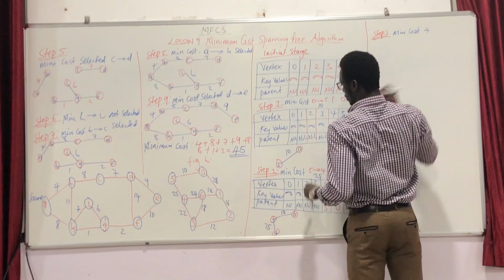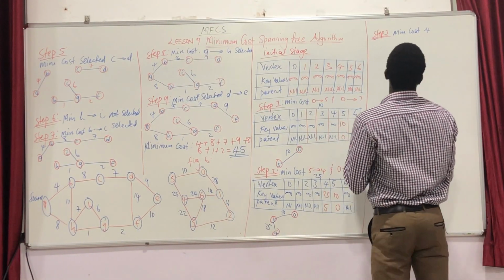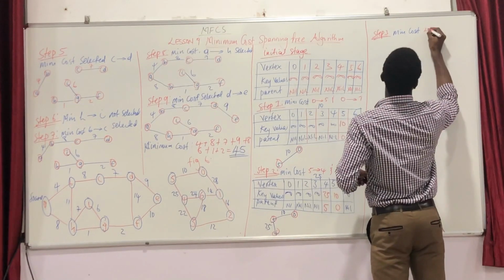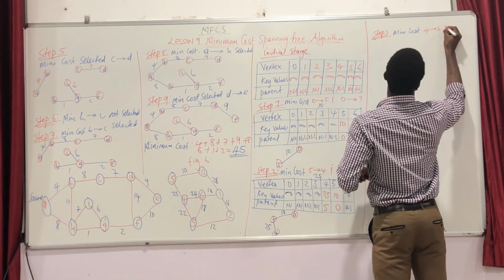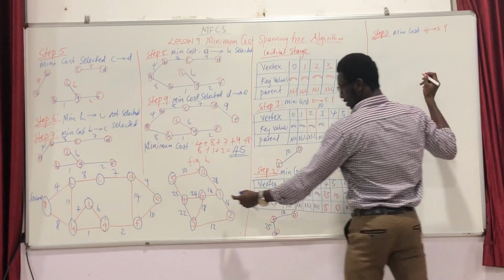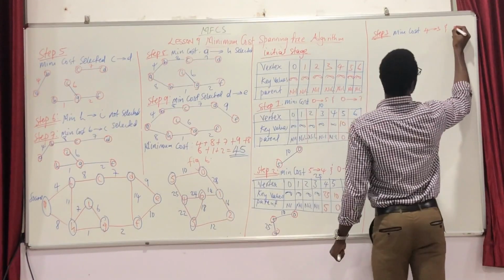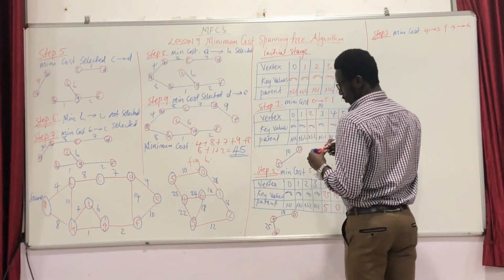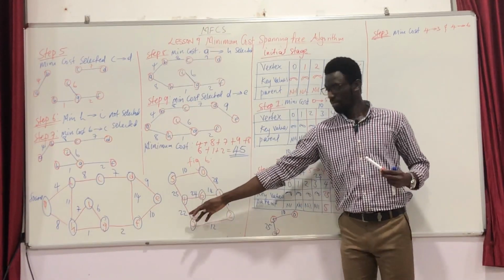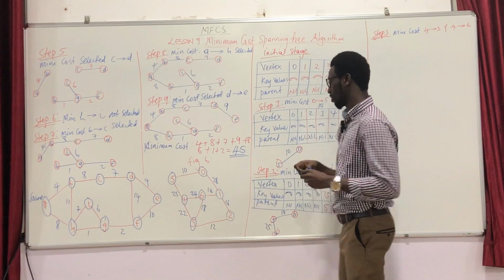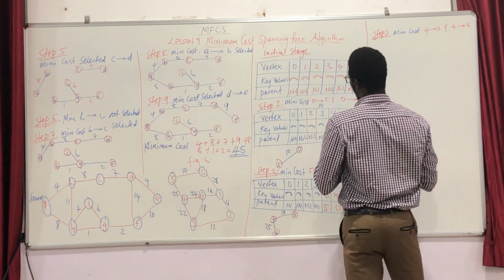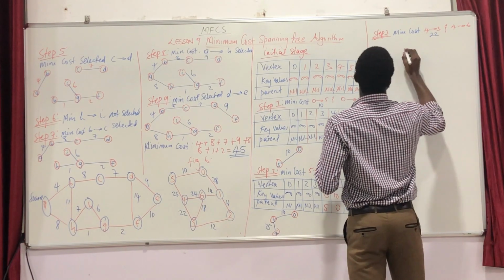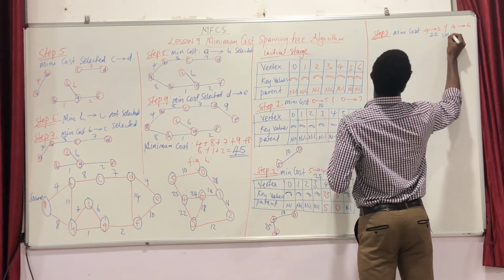So 4 to 3 and 4 to 6. Which one has the minimum cost here is 22. So 4 to 3 is selected. 22 selected.